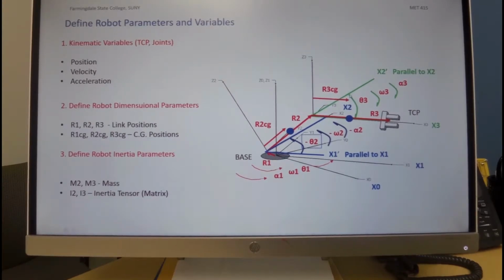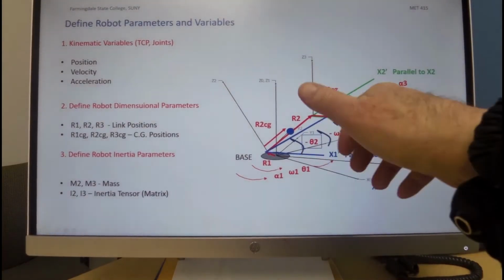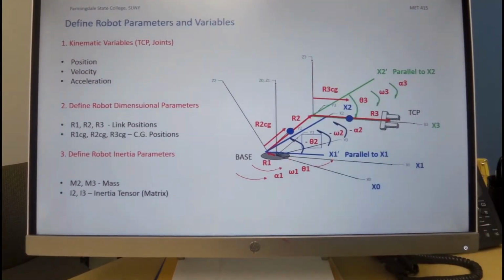And in this case, where we're showing a positive rotation going from x2 to x3, it is going again in a positive direction of y2, and this is the right-hand screw. We move in this direction, and the screw will advance in the direction of y2.